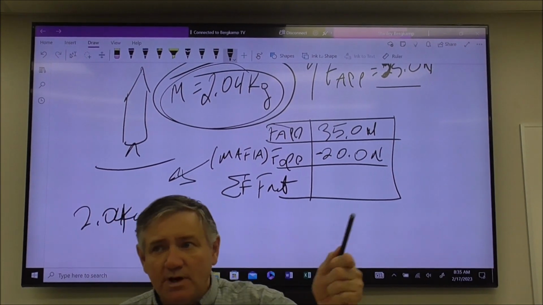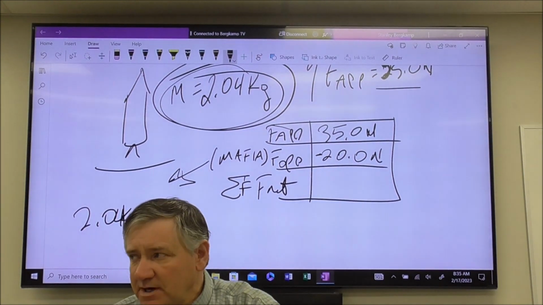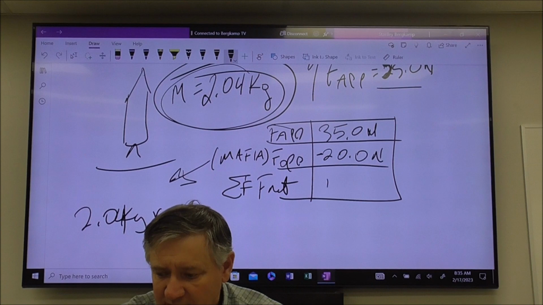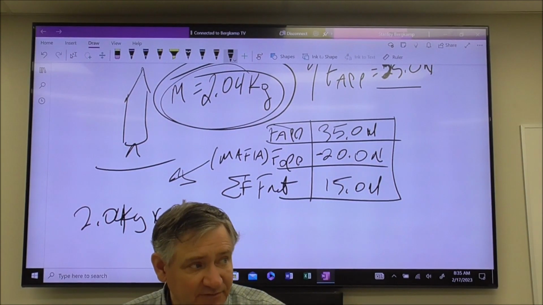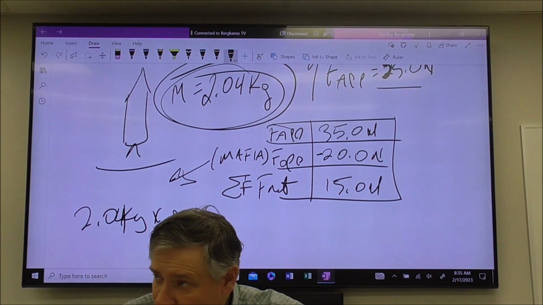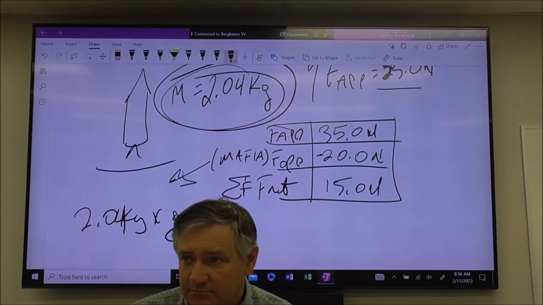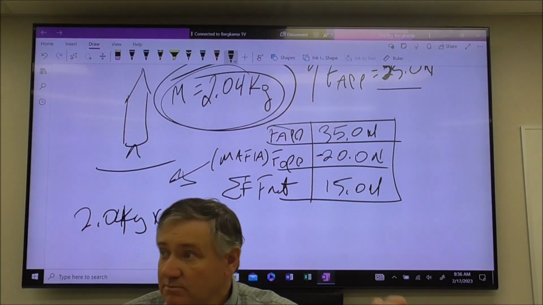He's got to pay $20 to the gravity mafia. How much money does he have left over? 15, right? He's got 35, he had to pay $20 to the gravity mafia, he's got $15 left over. That's his net force, that's his net profit, that's what he has available to start his business.